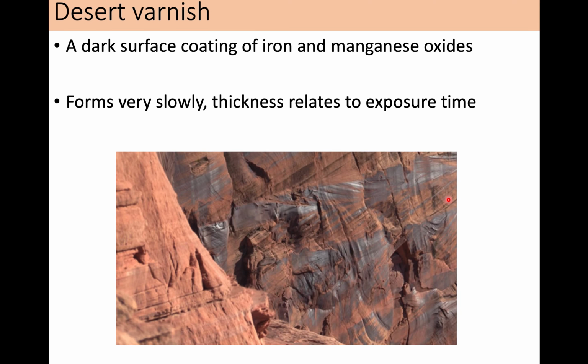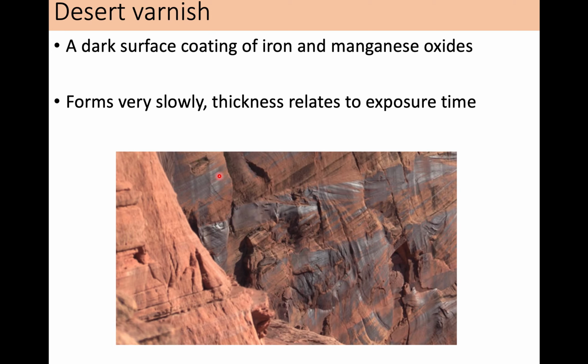One thing that does occur rather often is called desert varnish. So desert varnish creates these very dark surfaces along exposed rock. Desert varnish occurs very, very slowly. And the thickness and also the darkness, how dark the varnish is, actually shows us how long that rock has been exposed at the surface.